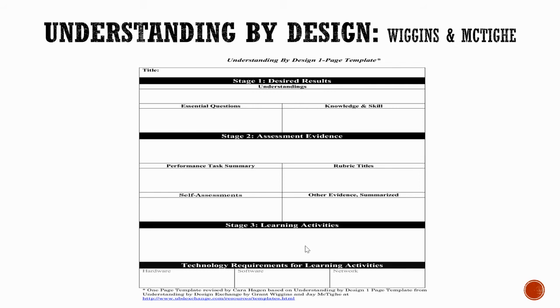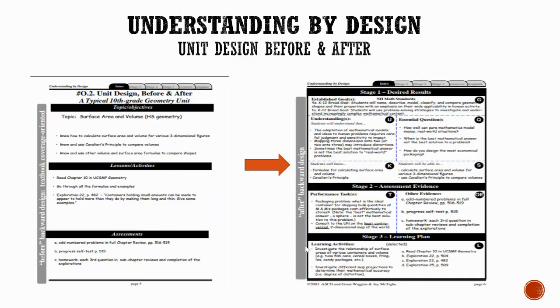Again, note that determining student activities comes last, after having defined the desired results and the assessment evidence you will use that will elicit the student's proficiency and growth. This slide shows an example comparing a unit design, which focuses on just topic and activities on the left, versus a fully fleshed out unit developed using Understanding by Design.